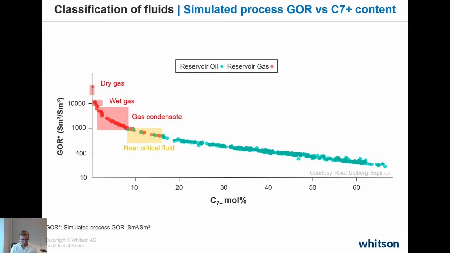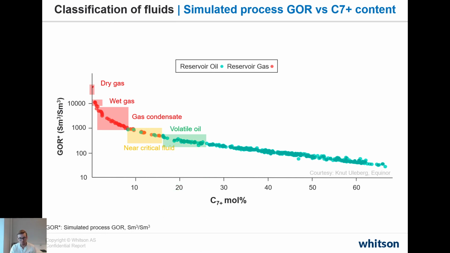So again, just remember that those ranges that we had on the last slides are rules of thumb and are not absolutes, but they're good starting points in general. Near critical fluids will contain both bubble points and dew points, and they are very close to the critical point.